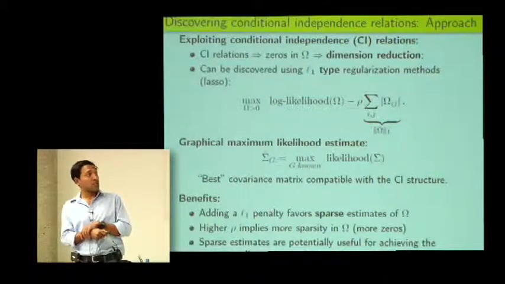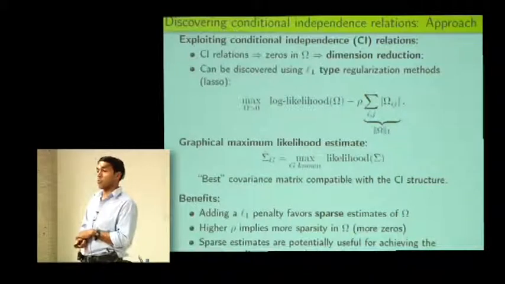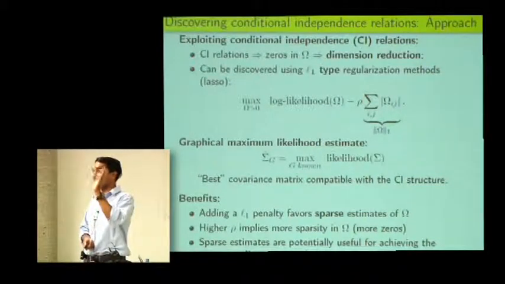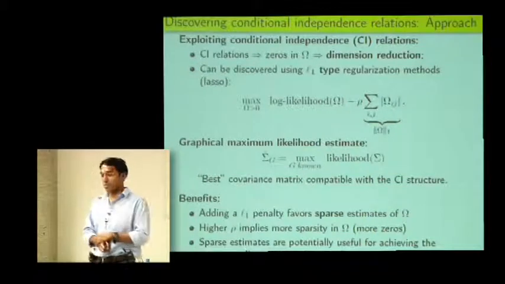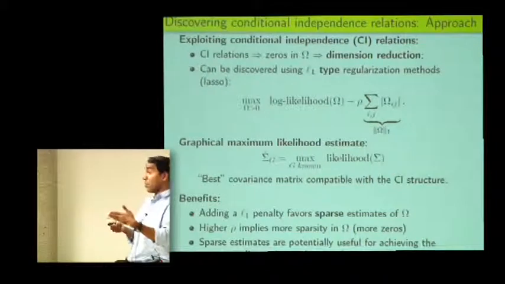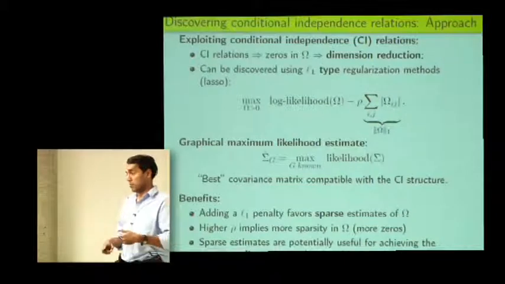What are the properties of such estimators? When you put an L1 penalty, this is sometimes referred to as the lasso. I don't know how many of you have heard the word lasso. Have you heard the word lasso? Yeah, some of you have. Lasso means that it's a way to put an L1 penalty on a likelihood, and that induces zeros in the parameter of interest, as in lasso regression.